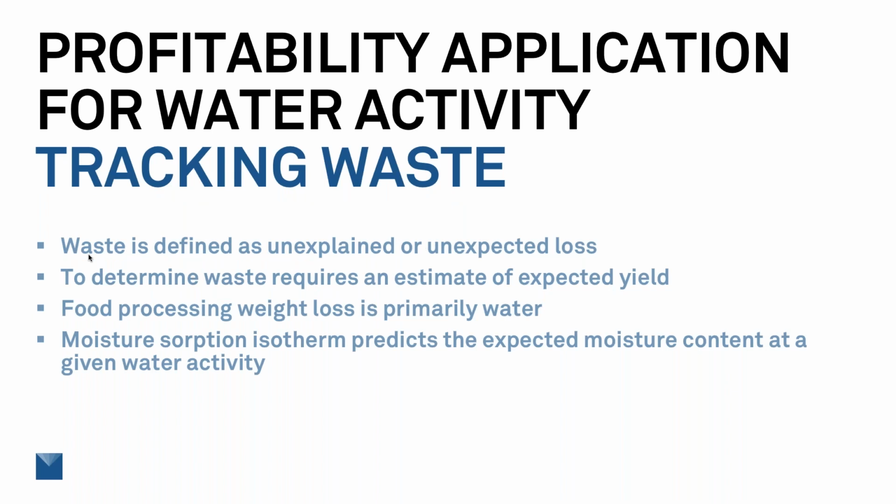One key piece of making sure that your production process is as effective as possible, and that you're maximizing your profitability, is to be able to avoid loss. This could be explained or unexplained loss, meaning that if you know you've scrapped material and you have to sell at a lower price, that is a loss.